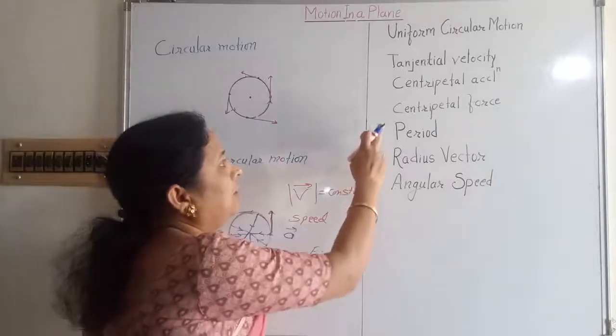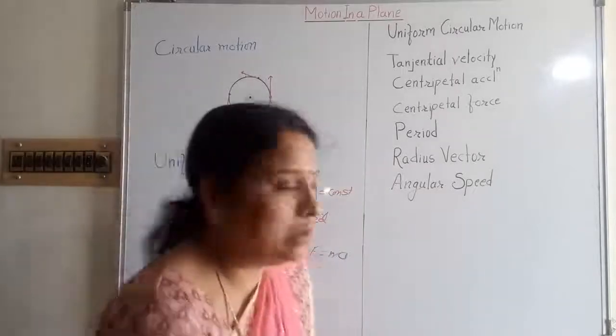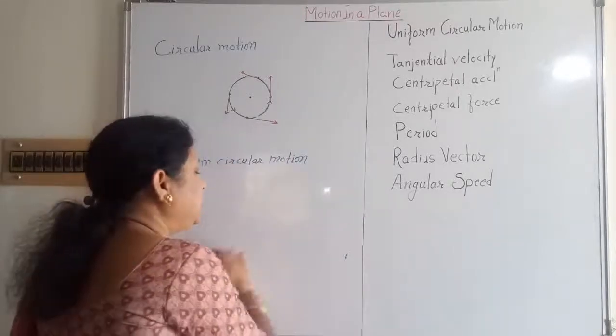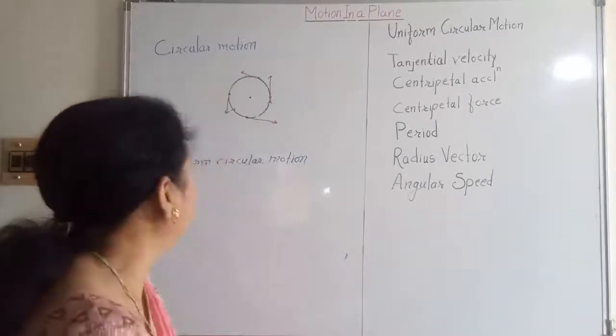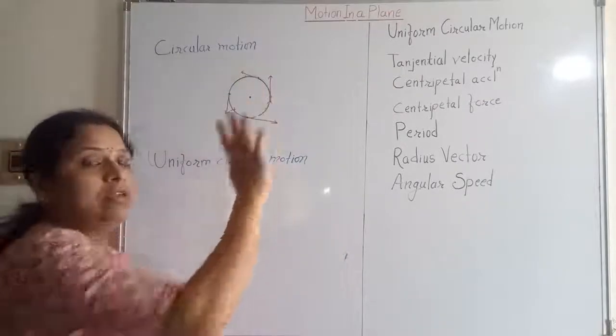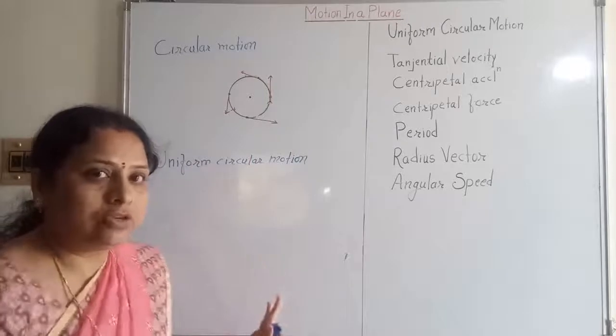Now about the period. We will discuss the period, and then we will discuss the radius vector. In the non-uniform circular motion, that is, in the circular motion, if the velocity is not constant, it means the speed is also not constant.